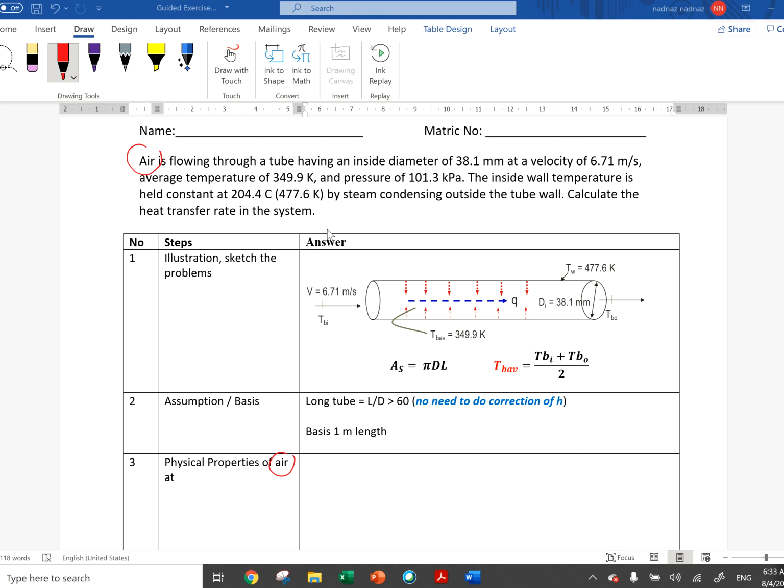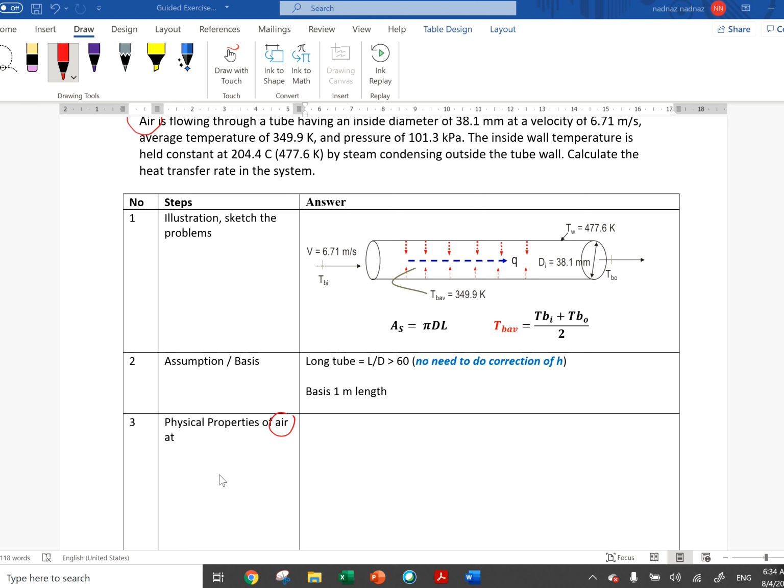Since this is internal flow, you have to take the physical properties at T_B average, which is the average bulk temperature. So you have to do that, right?